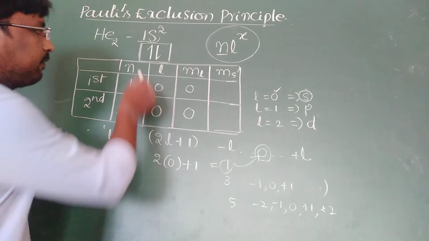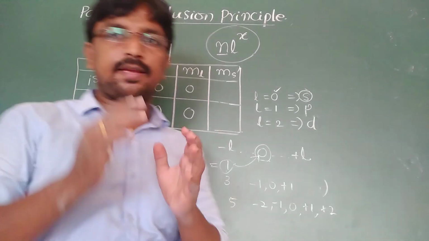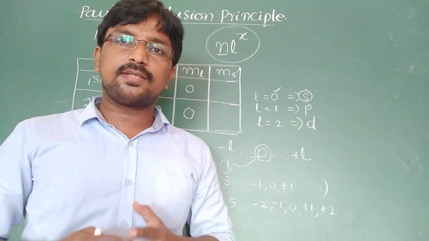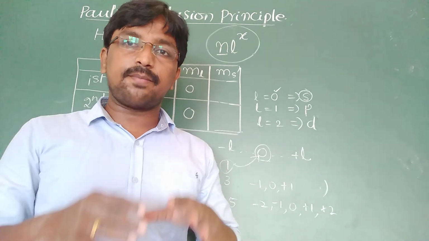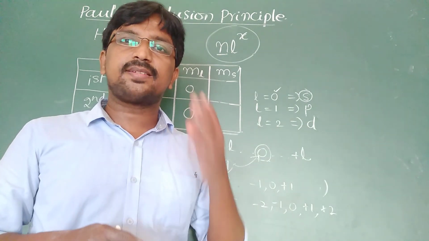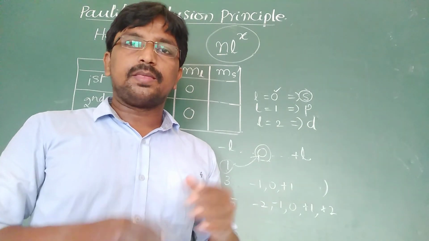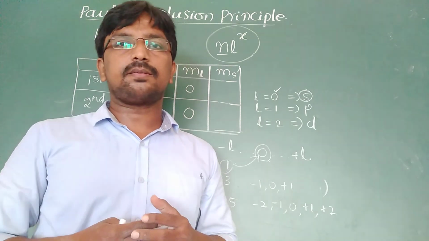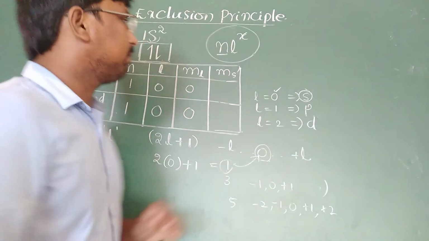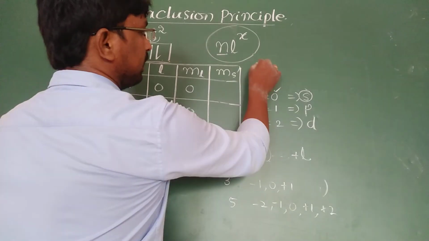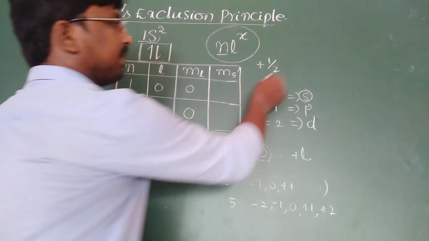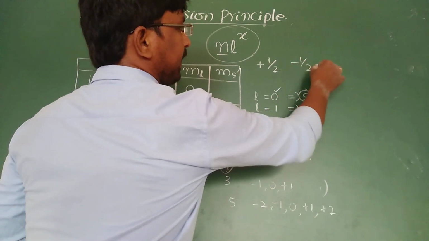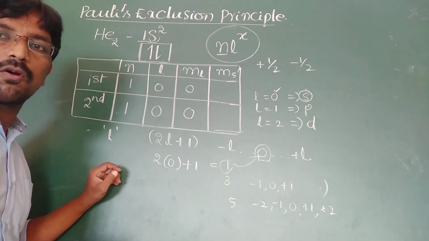For the two electrons present in the same orbital, what are the spin values? The electrons present in the same orbital don't have the same spin value; their spin values are definitely different. One electron has clockwise spin, plus 1 by 2, and the other has minus 1 by 2, that means anti-clockwise spin.